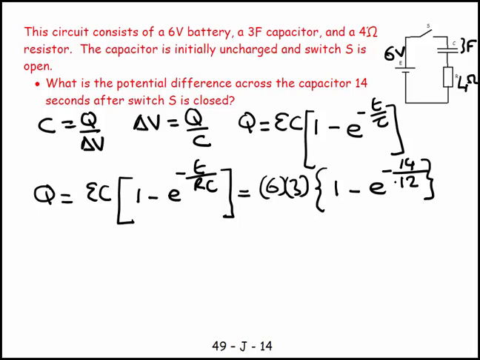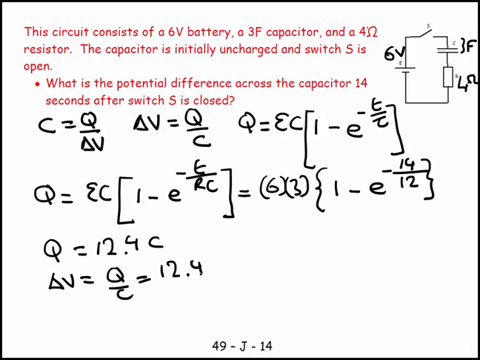Then 1 minus that answer, I've done everything inside the bracket, times 18, 6 threes are 18. So Q is equal to 12.4 coulombs. And if I want to know my potential difference, delta V is equal to Q over C, which equals 12.4 divided by 3, which equals 4.1 volts, basically.